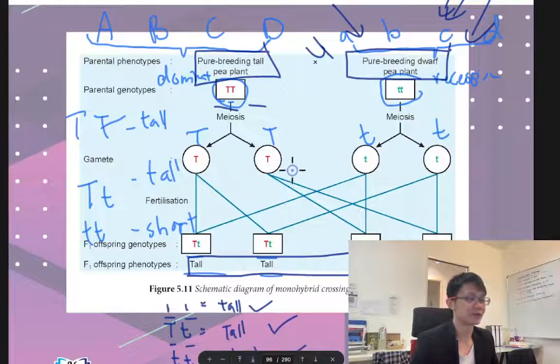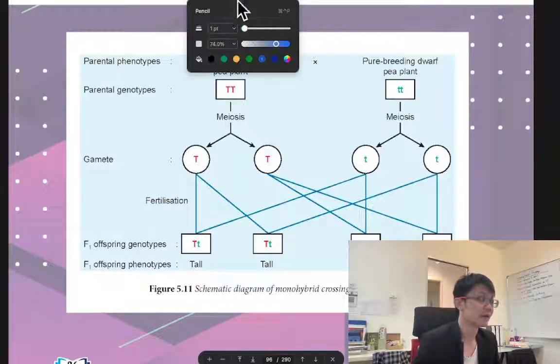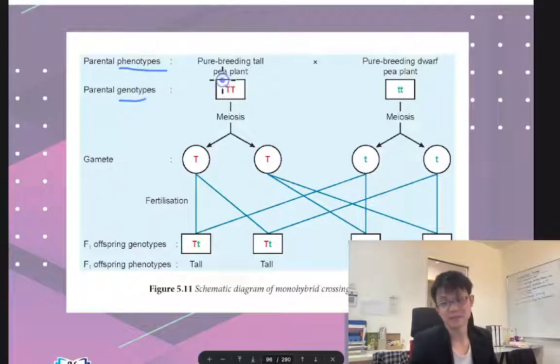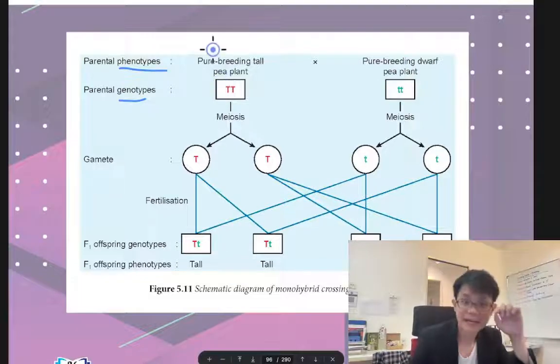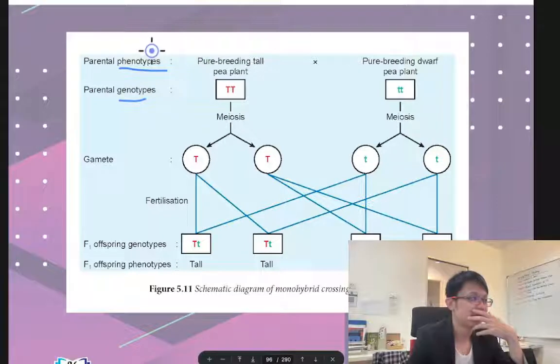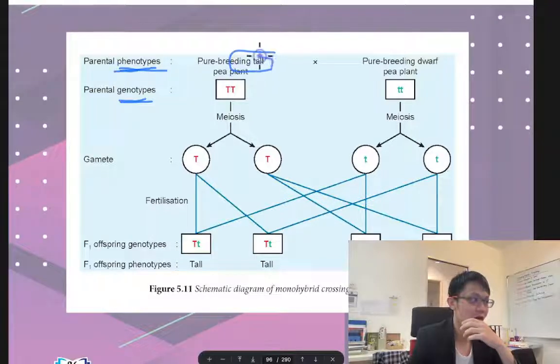And why is it important? So from this picture we can see that this is the phenotype, this is the genotype. Sometimes the book will ask you to fill in the blank, and you need to fill it correctly. They will ask you to define phenotype, which is the physical characteristic, and genotype, which is the genetic information. So what we can see, actually the phenotype is tall.